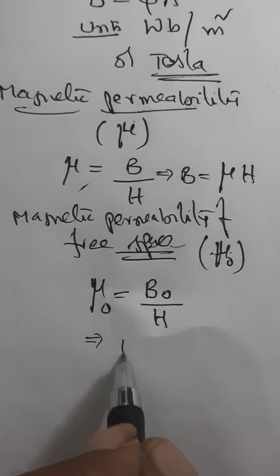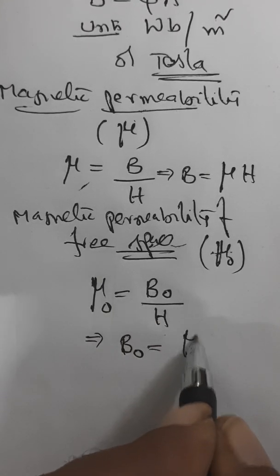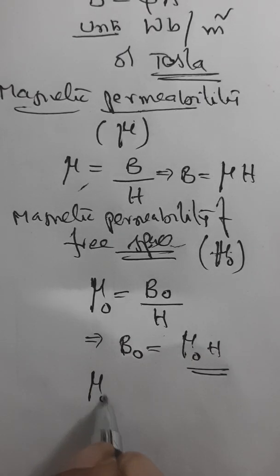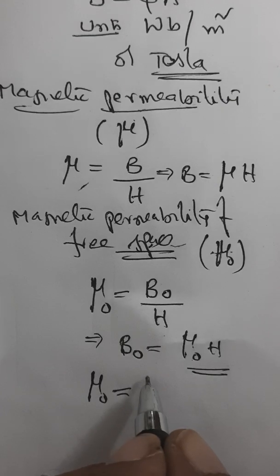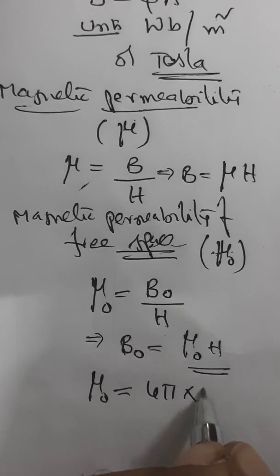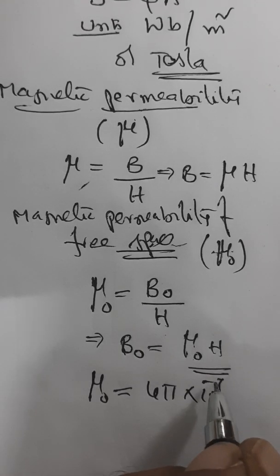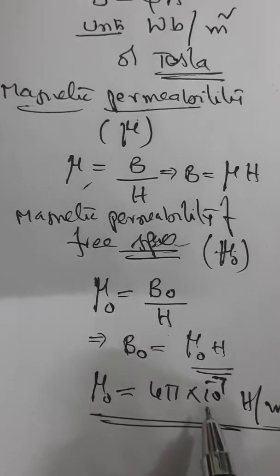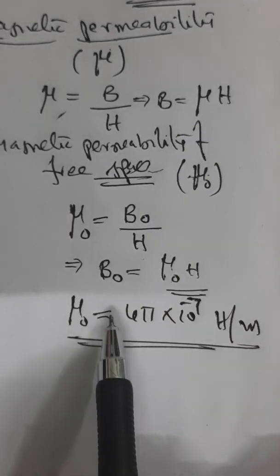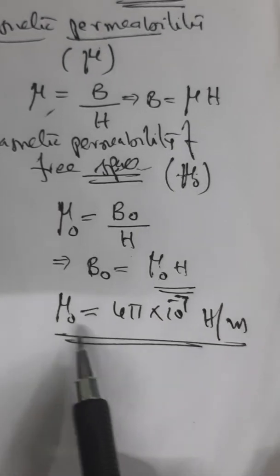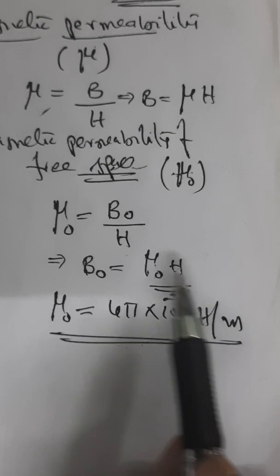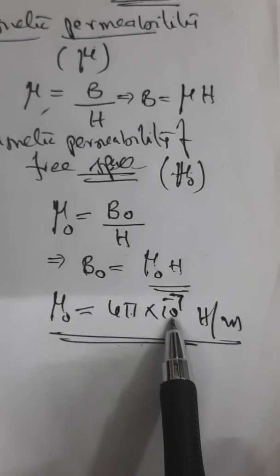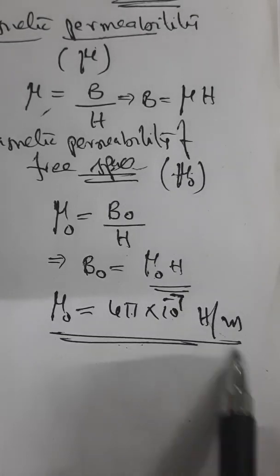Of course, from this, B naught is calculated as mu naught H, where mu naught is a standard value, 4 pi into 10 power minus 7 Henry per meter. Hope you can recollect this formula, because I am sure that all of you have used it in EAMCET examinations. Permeability of free space is 4 pi into 10 power minus 7 Henry per meter.